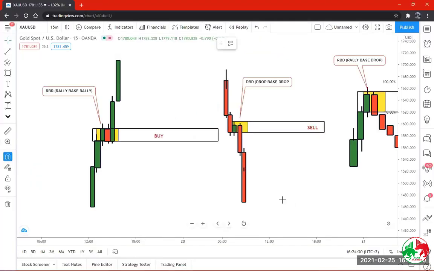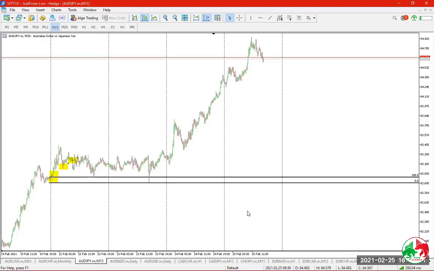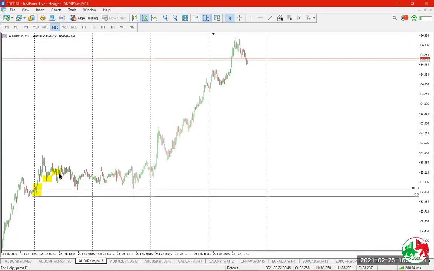I have a question to ask. Go back to the chart on MetaTrader. Where price came and retested the zone, the first retest, right there. And then I saw later on it came and retested again.